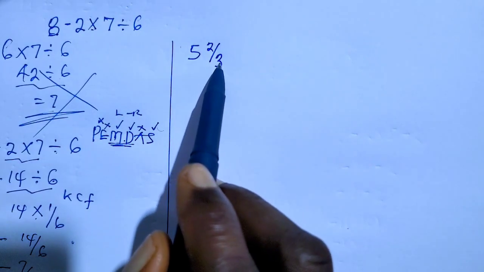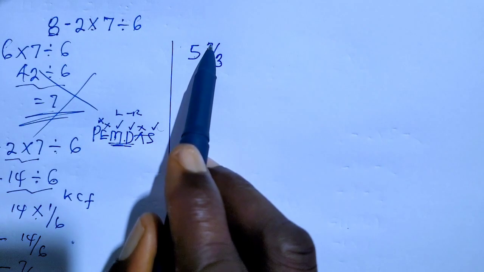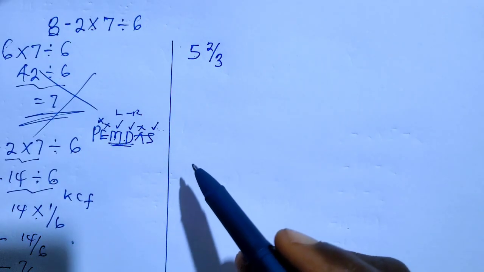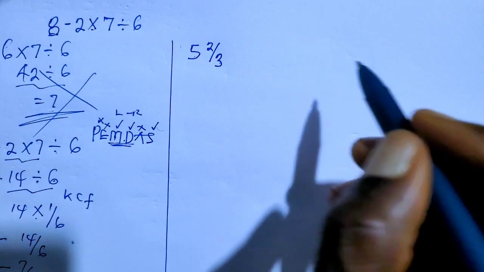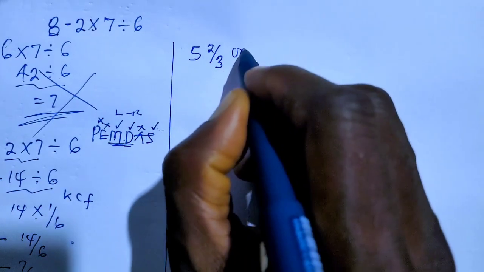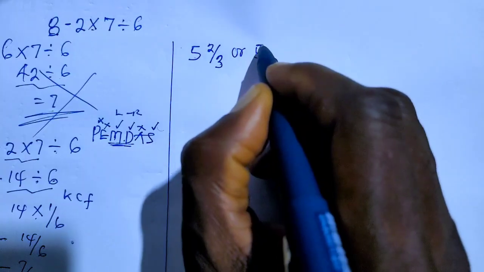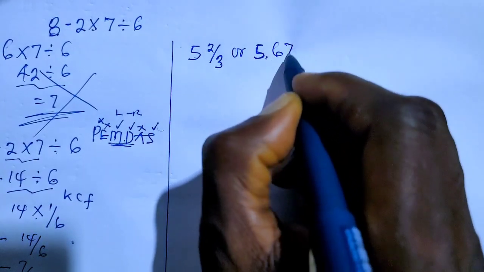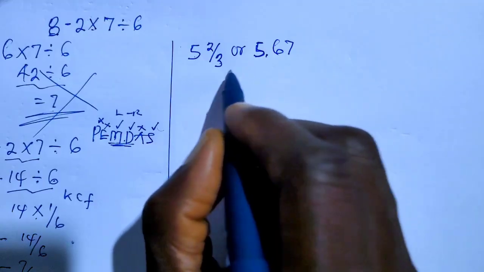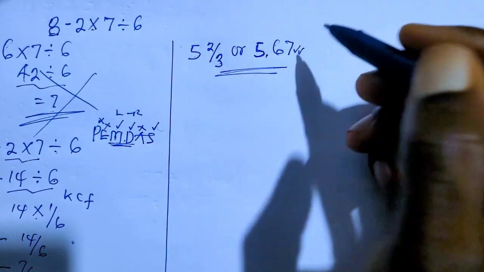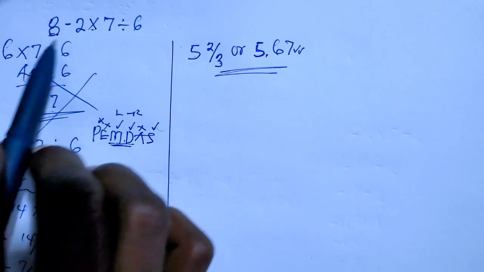Right here, 3 times 5, that gives 15 plus 2, that gives us 17, and that is correct. Or if we take it to decimal, we have 5.67 approximately, and this is the correct answer to this given expression right here.